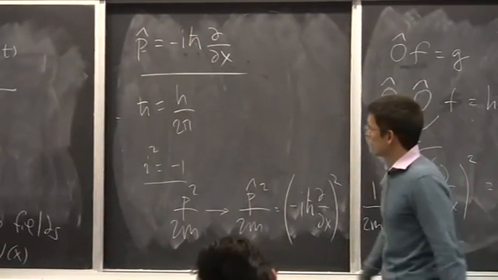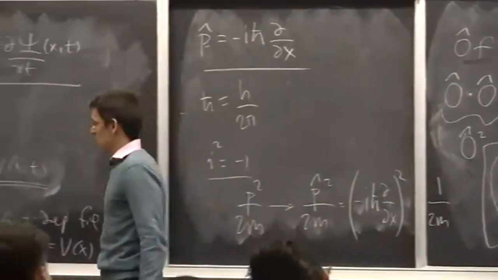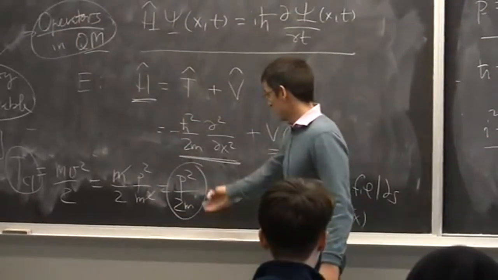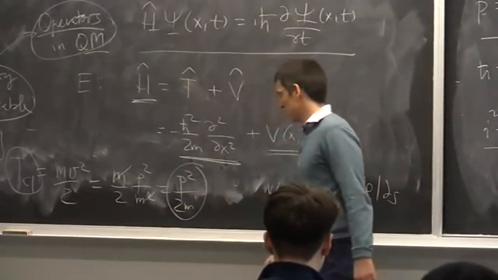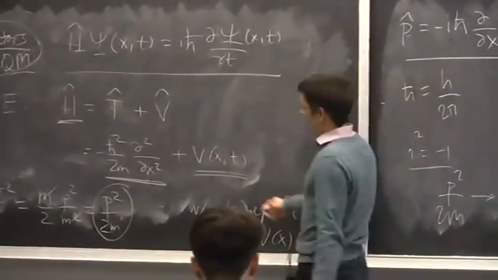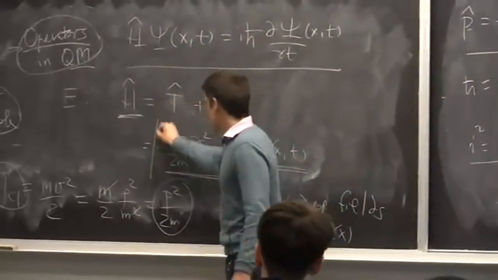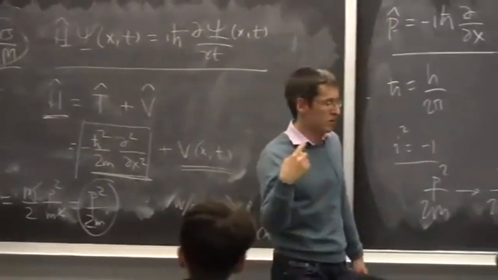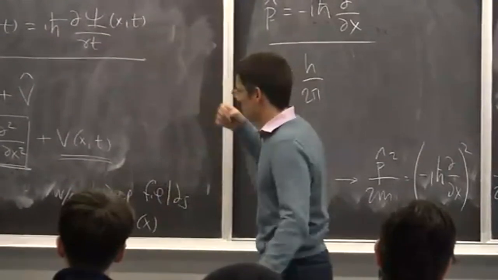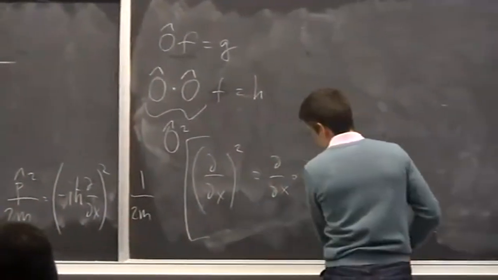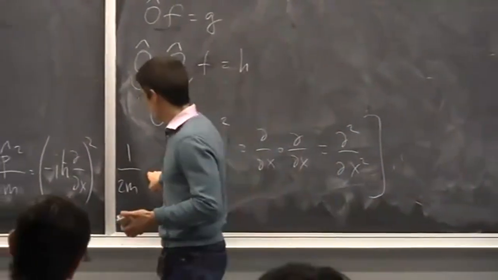Once we put this definition of the operator p into the same expression as in classical mechanics, just substituting the function p by the operator p, we get the quantum analog, the operator for the kinetic energy, right? And the way we do it, we just continue in this line.